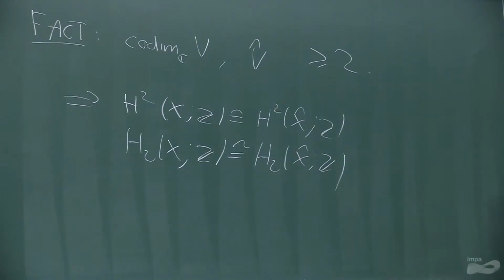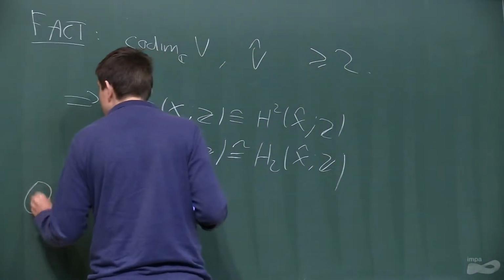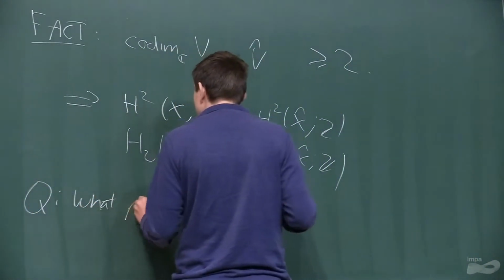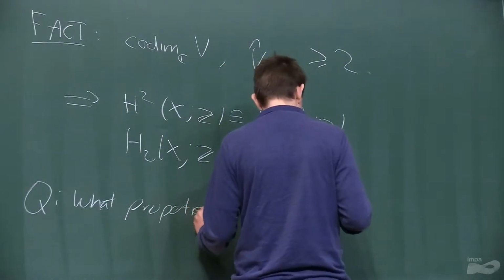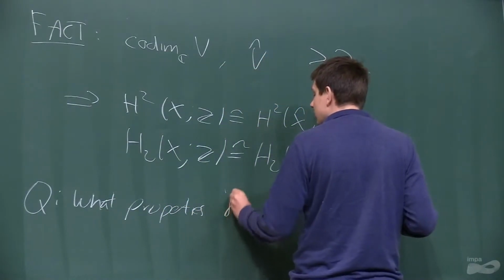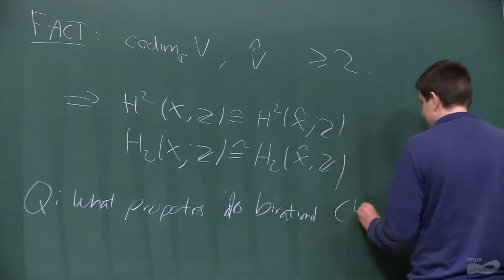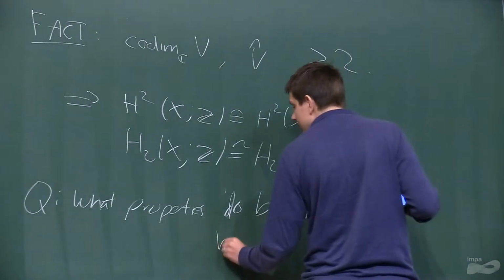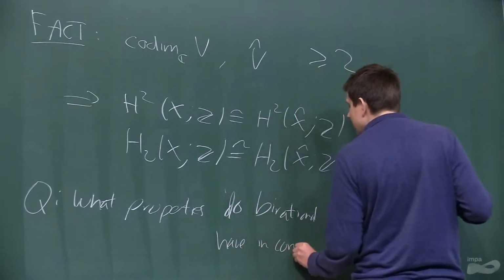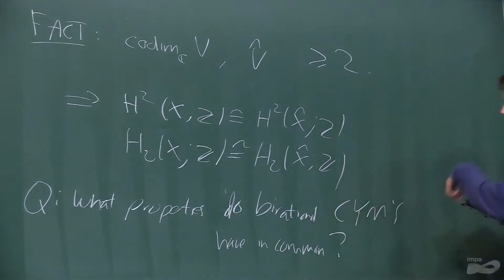Okay, so this sort of leads to a question. So what properties do birational Calabi-Yau manifolds have in common? So this question has sort of, there's many sort of properties that people have thought about.